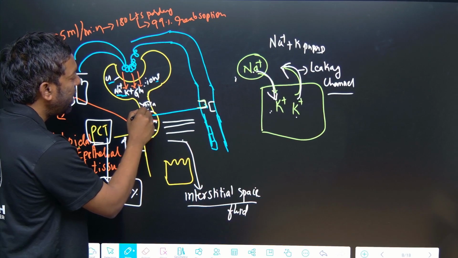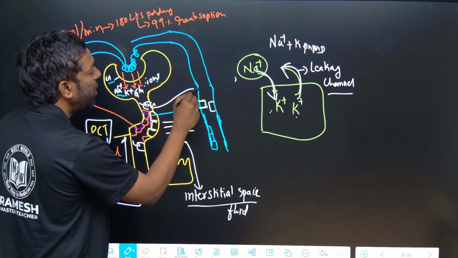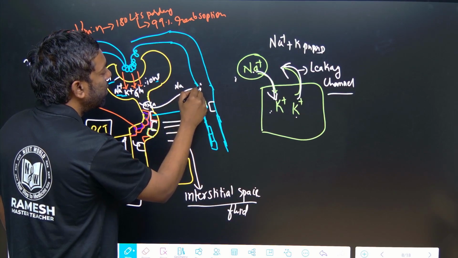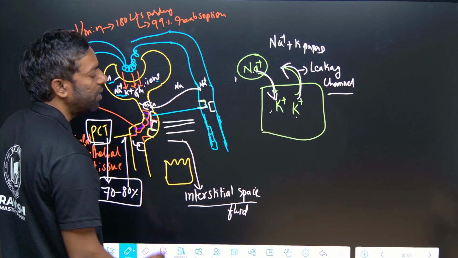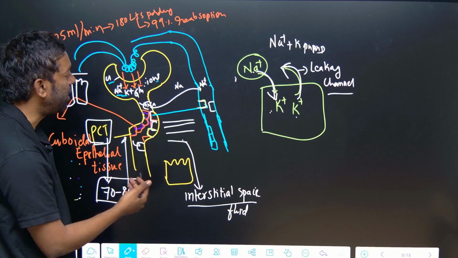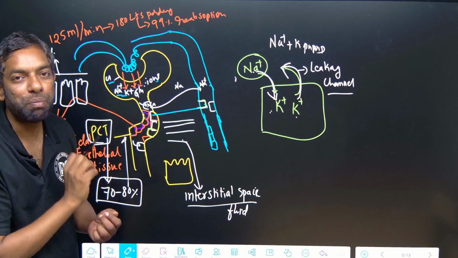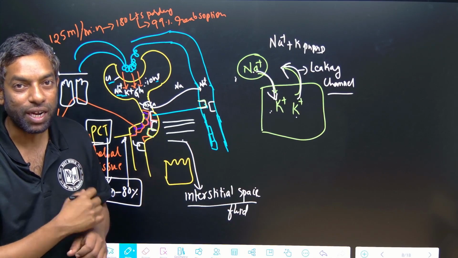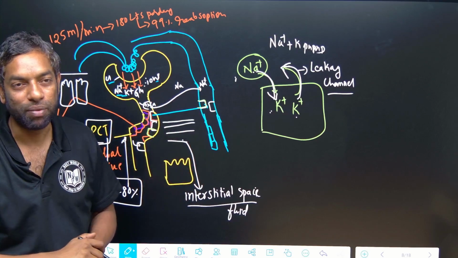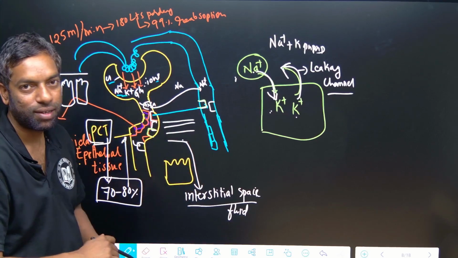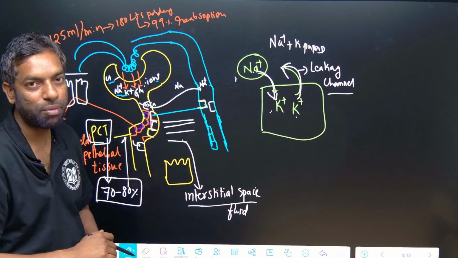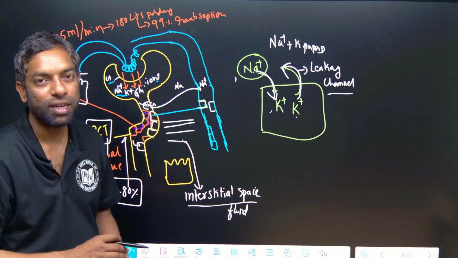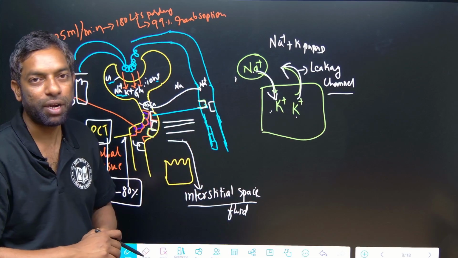This is the reabsorption that takes place in the PCT part: sodium filtered in the Bowman's capsule through the glomerulus tries to enter the capillary.